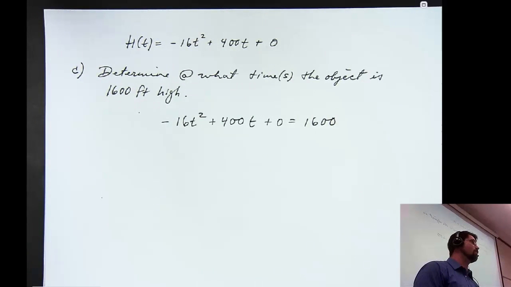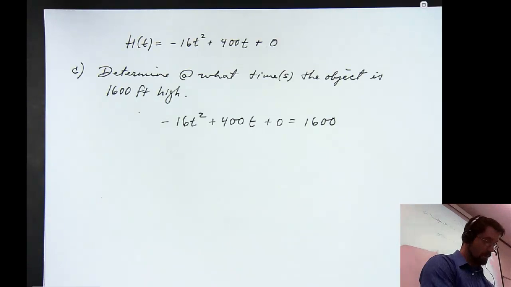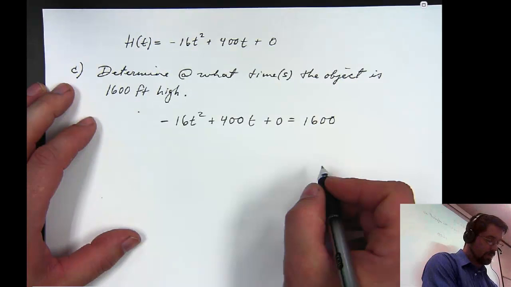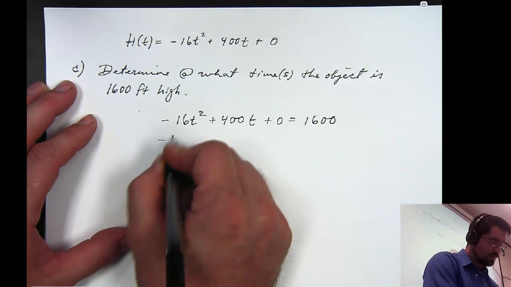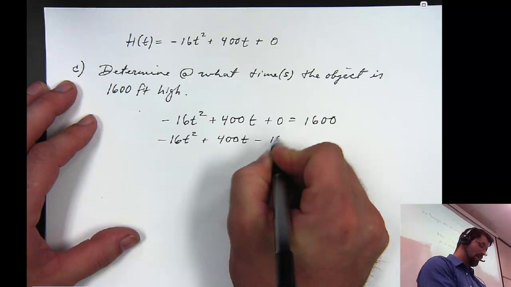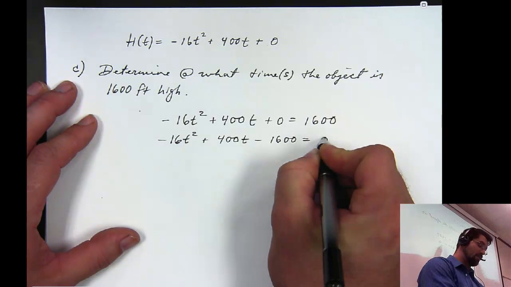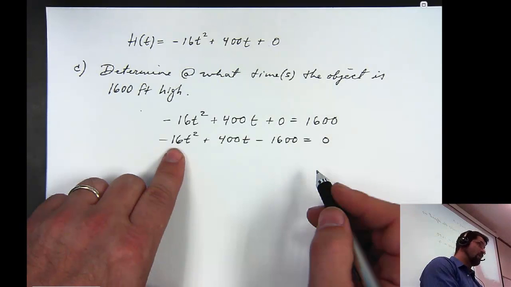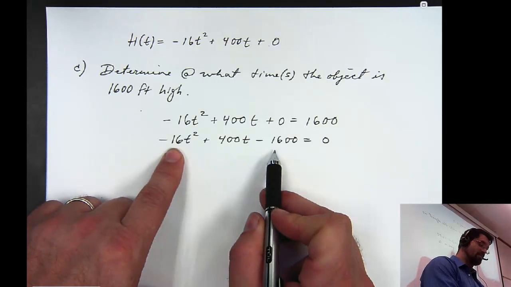Now I'm going to go through this part rapidly just in the interest of time, but again I'm going to post this later to YouTube. So the rest is factoring. I'm going to move this over, and this will be negative 1,600 equals 0. And then I want to point out, this has a 16, this has a 16.